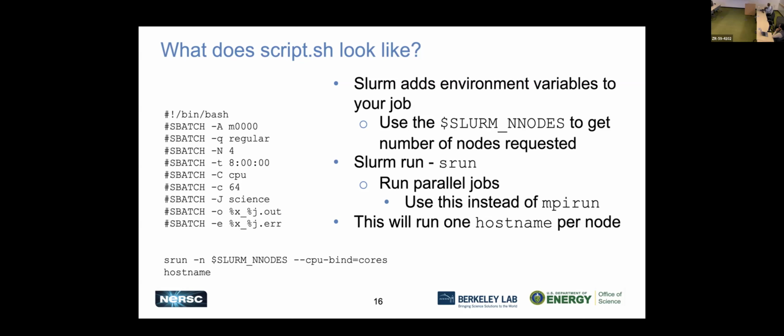That's similar to if you've done any other type of parallel jobs, like mpirun or mpiexec for other MPI jobs. So Slurm is one type of job scheduler. There are others, like AIX, and other different schedulers that you can make use of. Then hostname is going to run one hostname per node.